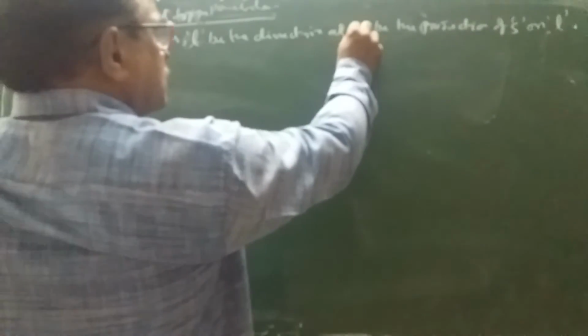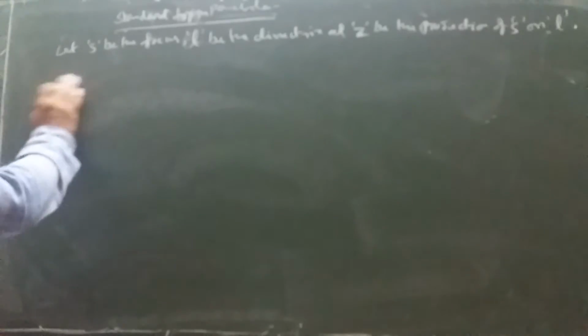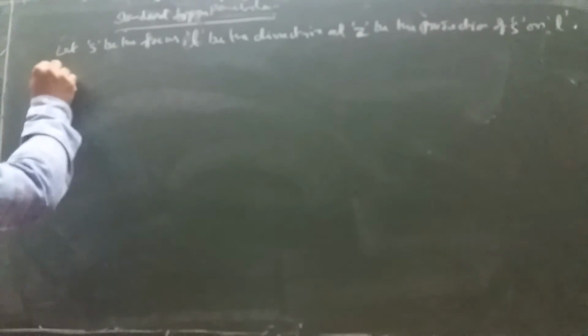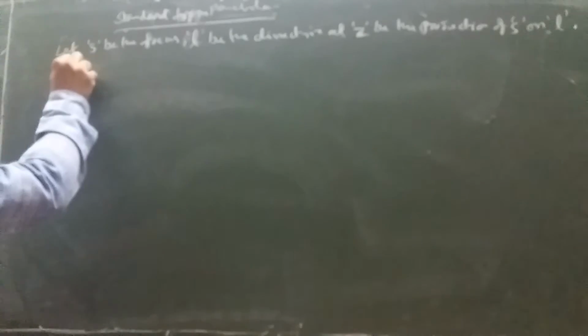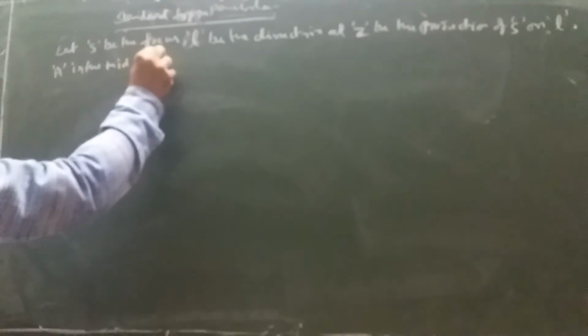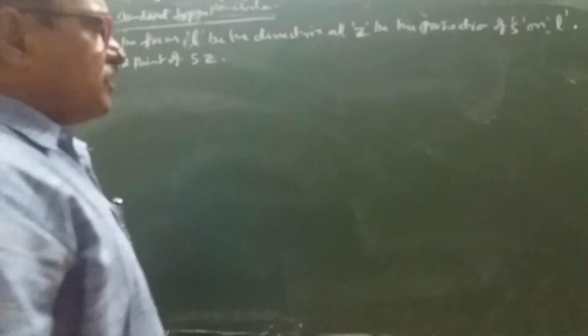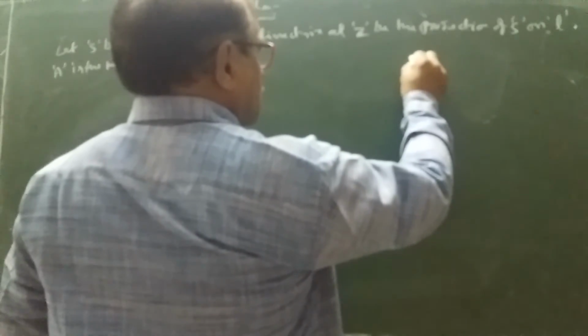Let Z be the projection of S on L, and A is the midpoint of SZ. Then we have to draw the figure.